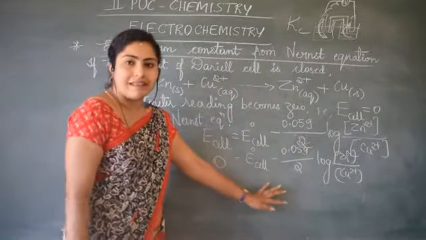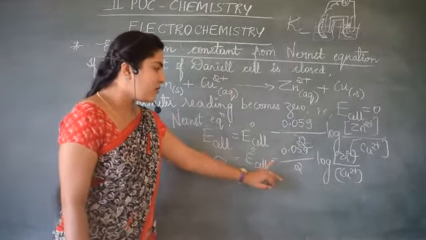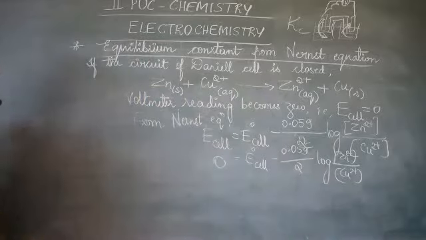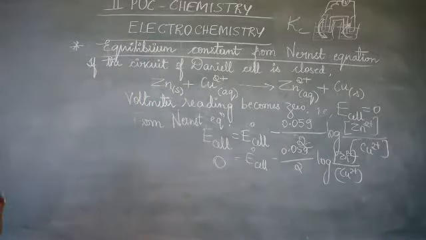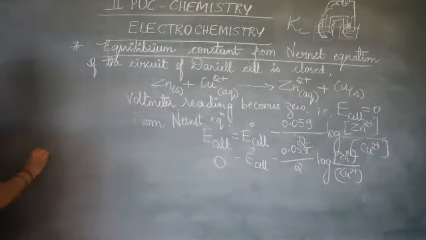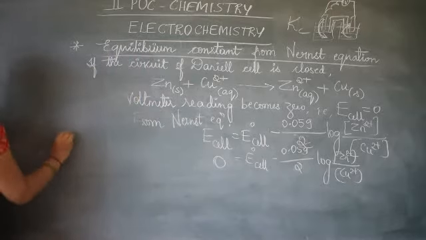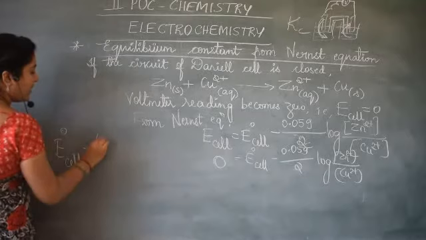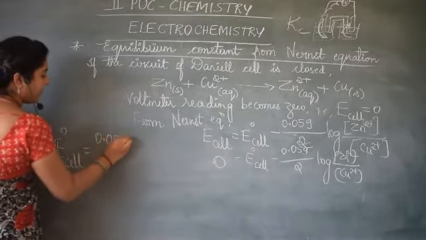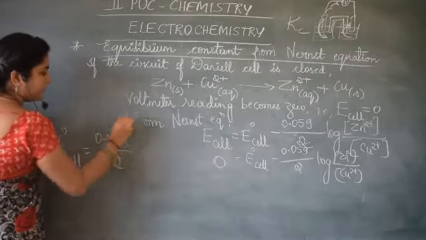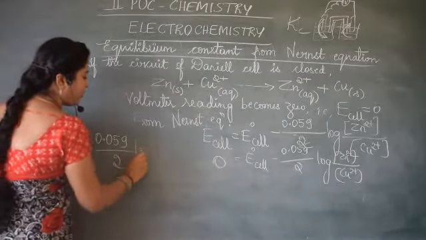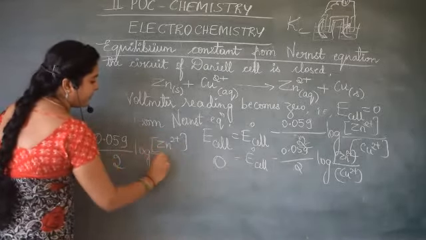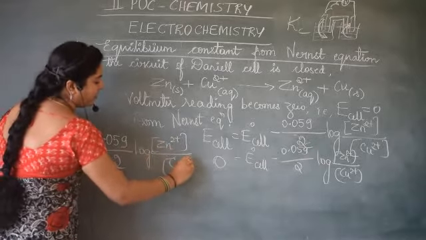So how can we write this equation as? We can shift this to the other hand side. Therefore, E naught of cell, the standard electrode potential, is equal to 0.059 by 2 log of Zn2 plus by Cu2 plus.